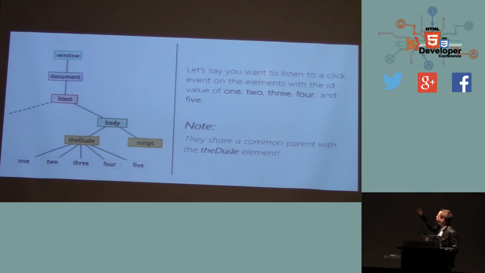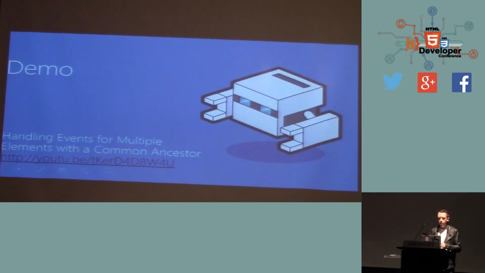What you want to do is place a single event handler on the ancestor and use event target to detect which of the elements was clicked on, and then feed an argument back to your single event handler to modify it from there. And I know, again, this is not a decision that you would make for maintainability or code legibility, but it is absolutely one that you would make for optimized performance. Let's see what kind of a difference that actually makes.